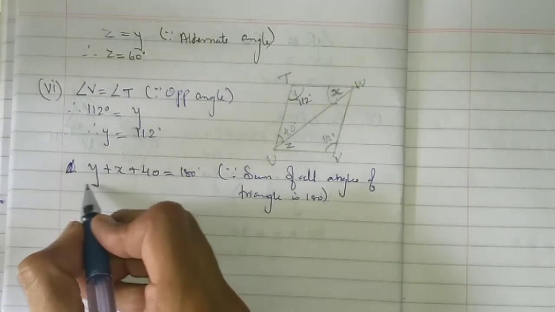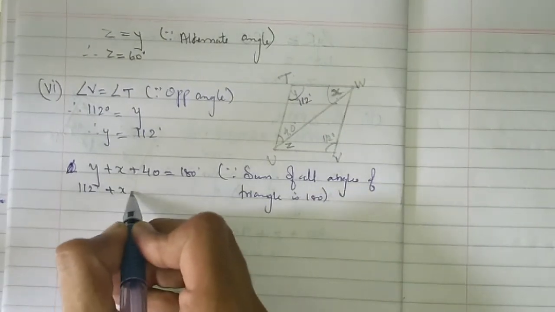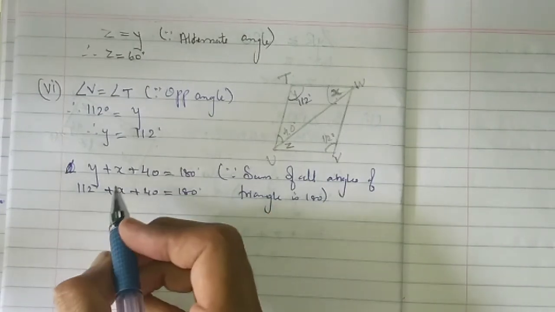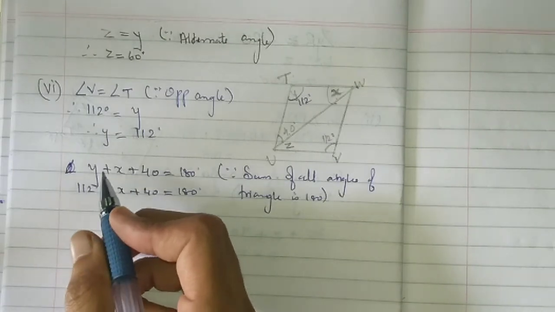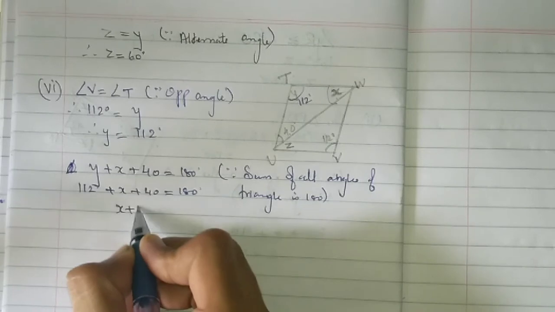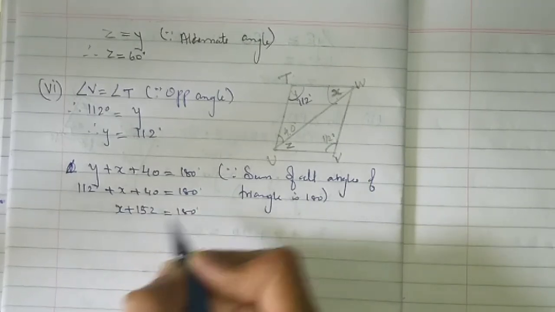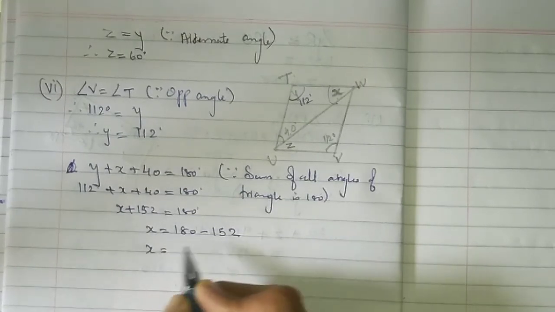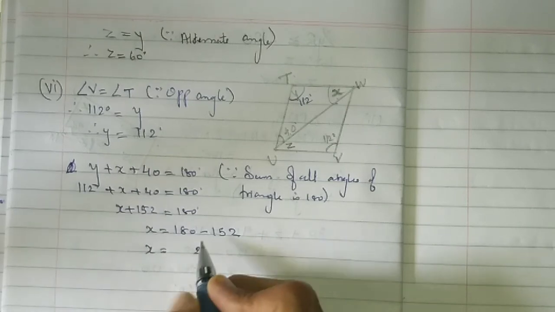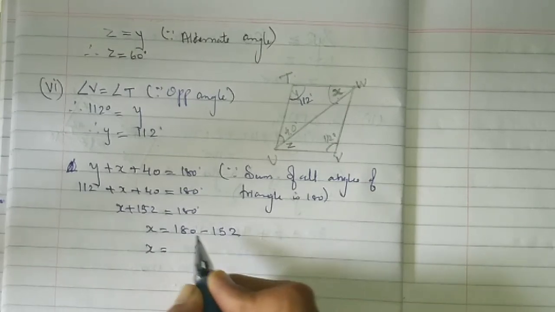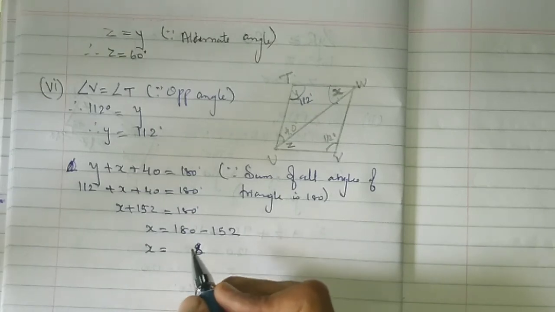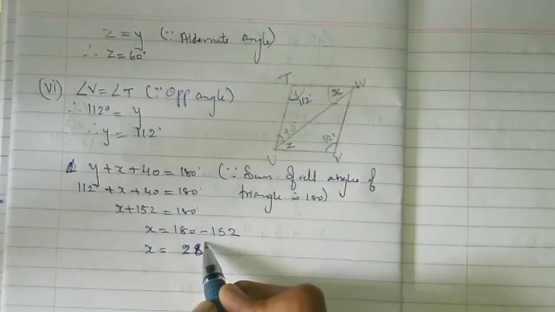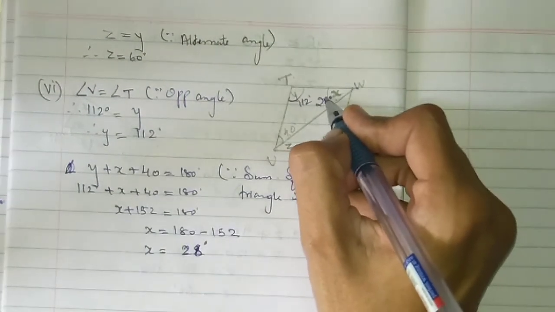So we have value of y 112 plus x plus 40 equal to 180. 112 plus 40 which is equal to 152. So x plus 152 equal to 180. So x equal to 180 minus 152. So x is 28 degree.